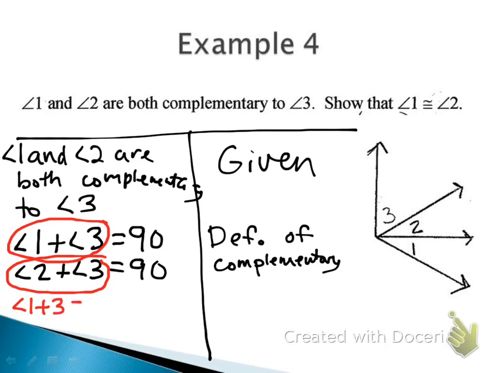Angle 1 plus angle 3 equals what? Take the 90 out. What are you left with? Angle 2 plus angle 3, right? Just eliminating the middleman, eliminating that 90. Everybody see that? What property is that? The transitive. Good.